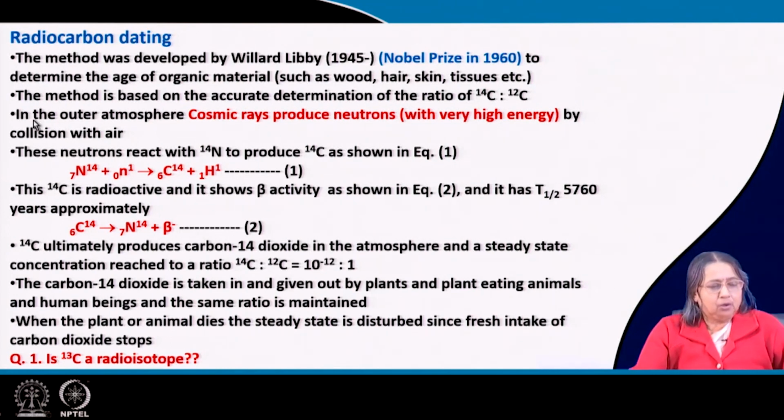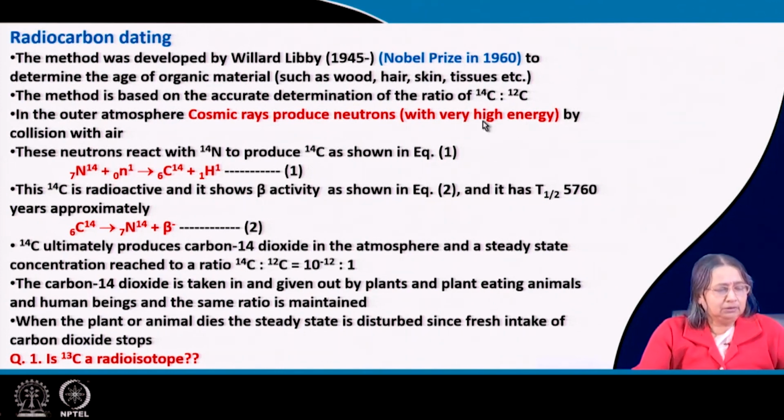What we see here is that in the outer atmosphere, cosmic rays are there, we all know that. They produce neutrons with very high energy. So, in the outer atmosphere, cosmic rays produce neutrons with very high energy by collision with air.